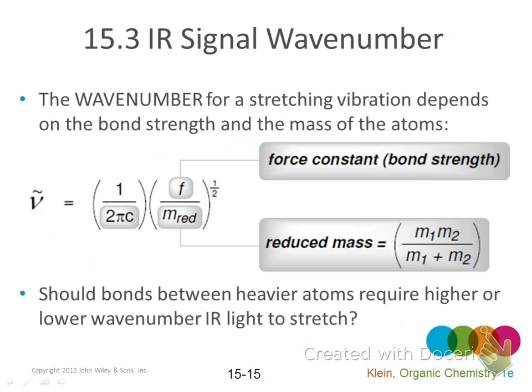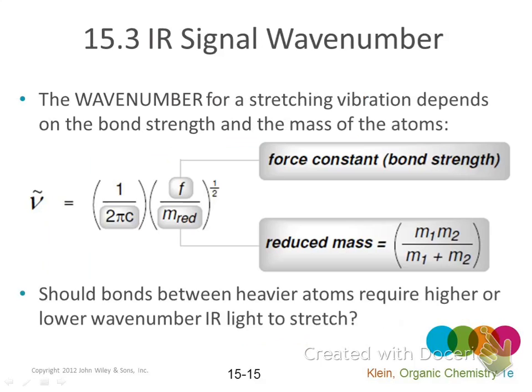If the reduced mass is higher, what happens to the wave numbers? Look at the equation. Reduced mass is the product of the masses divided by the sum of the masses. That's a physics thing. If this reduced mass is larger, don't worry about what the numbers are over here, but if M red is bigger, then the wave numbers get smaller, they get lower.